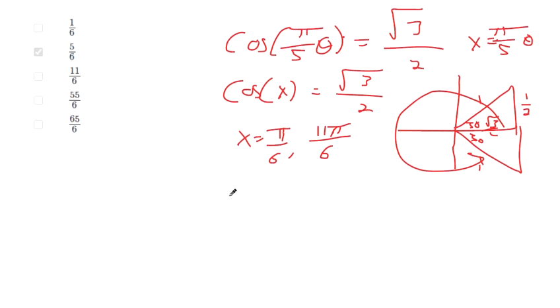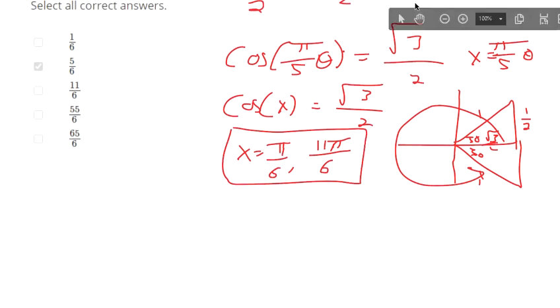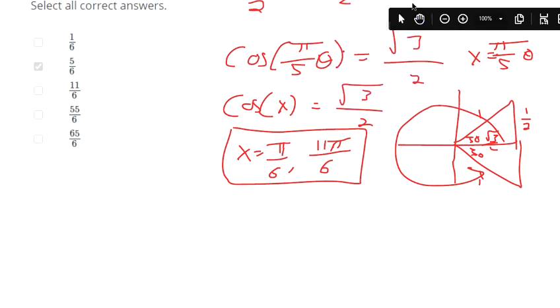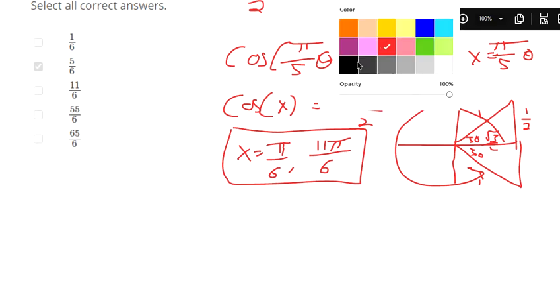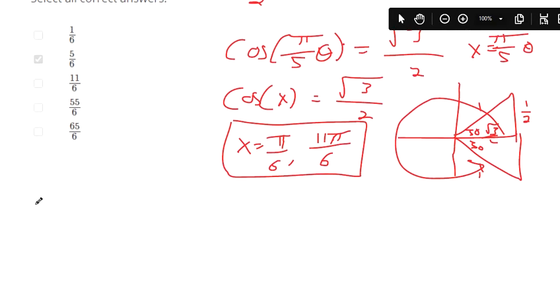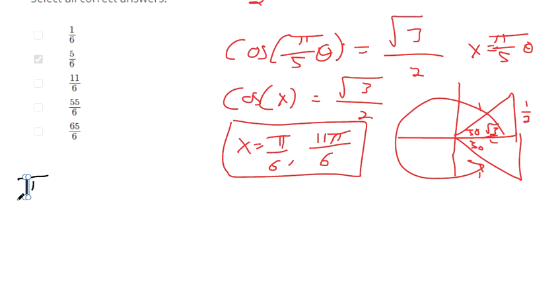That's not solutions for theta though, okay? These are just going to be our key solutions that we're going to use to try to find all the other options. So let's start with the most basic one. Let's plug pi over 5 theta in for x in the first equation, right?